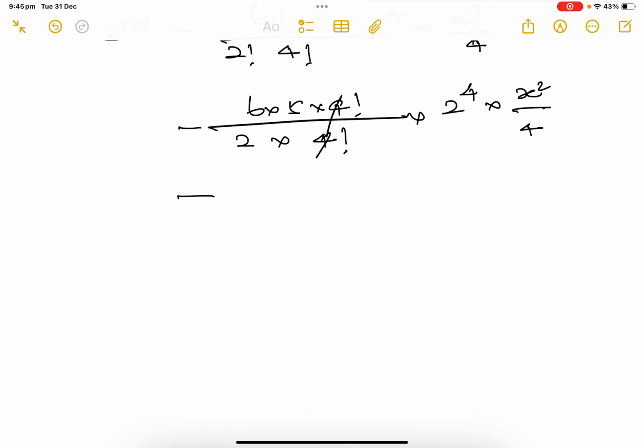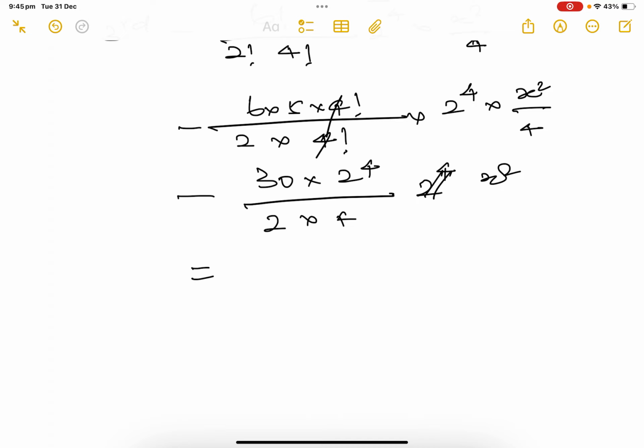The numerator 30 times 2 to the power 4, and the denominator 2 times 4. That is equal to, 2 times 4 is 8, 2 to the power 4 is 16, 16 divided by 8 is 2, 2 times 30 is 60, 60x squared.